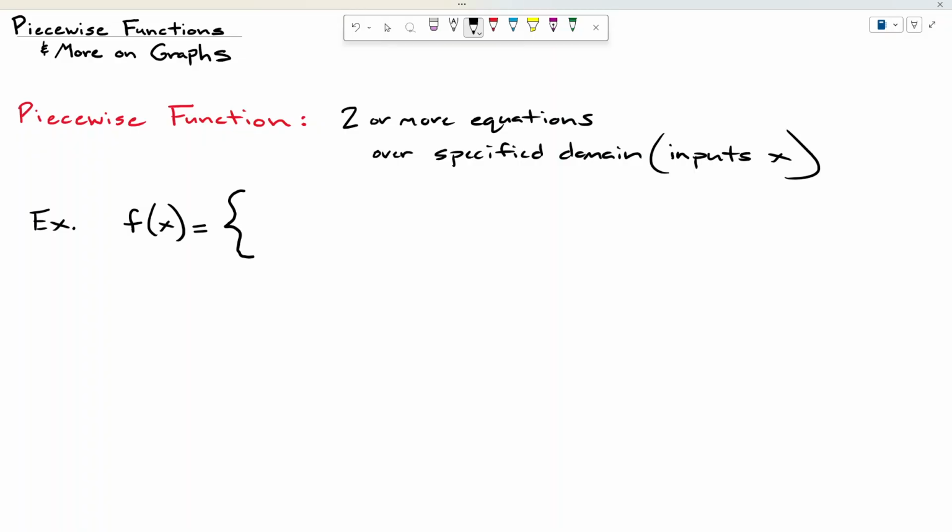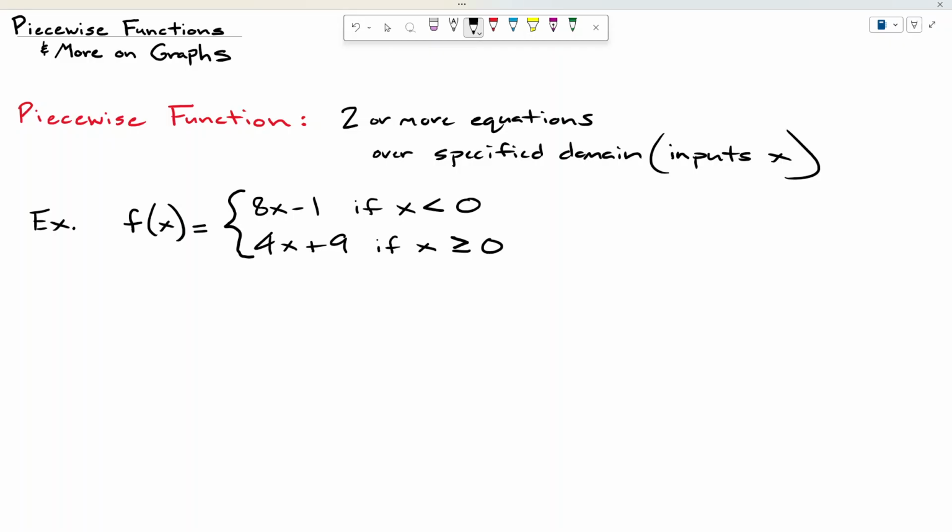So if we had 8x minus 1 and 4x plus 9, and this is if x is less than 0, and this one is if x is greater than or equal to 0.